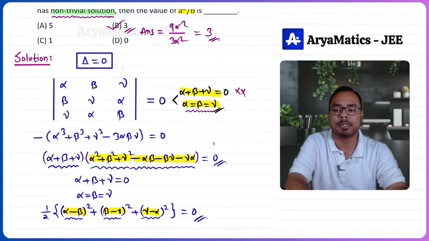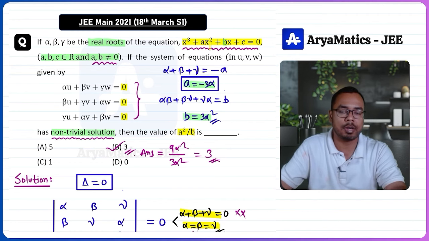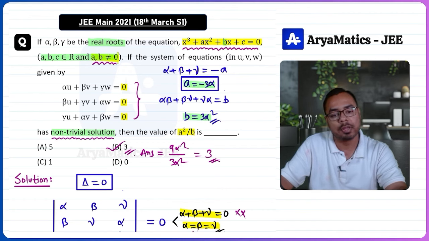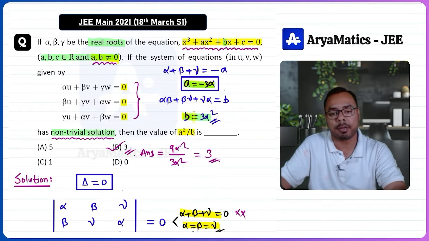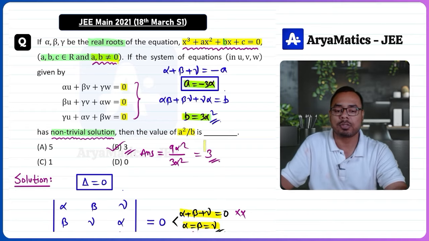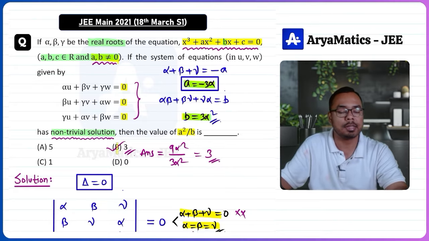Now because alpha plus beta plus gamma is minus a, using the relation between roots and coefficients of this cubic equation, and it is given that a and b are non-zero, alpha plus beta plus gamma cannot be 0. That means all the three roots must be equal. From there we got a as minus 3 alpha, b as 3 alpha square, and a square by b will be 9 alpha square by 3 alpha square. So finally the correct answer for this problem will be option B.